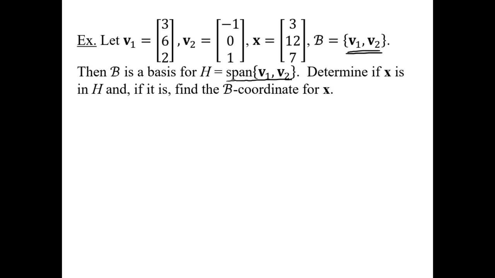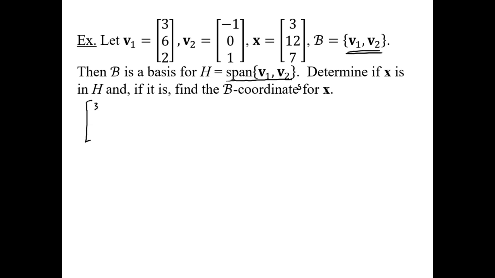Okay, so we want to determine if X is in H, and if it is, find the B coordinates of X. All right, so again, and we saw this before, this is the exact same idea. We're basically asking the question, is X in the span of V1 and V2? We can answer that question by setting up the augmented matrix.